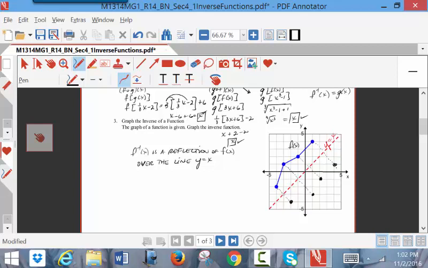Those are my reflections over the line y equaling x. And so your reflection now, when you connect your dots, if I could draw straight lines, this would be a lot better, but this would be your reflection. So if f of x is the blue line, then reflecting it over y equaling x, the black line is the inverse function.